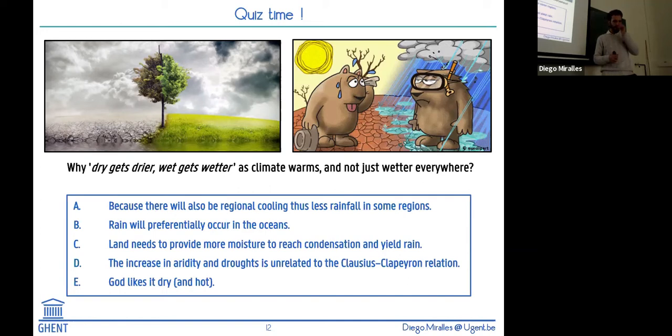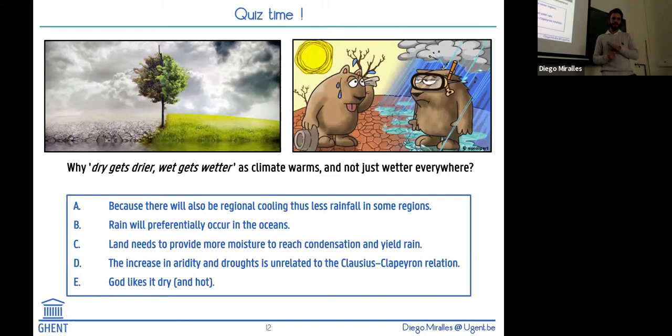So answer number one is because there will also be regional cooling. Is that voted by anyone? No? Okay, good, clever. B, rain will preferentially occur in the oceans. I'll look at your mates, like, that sounds kind of legit.